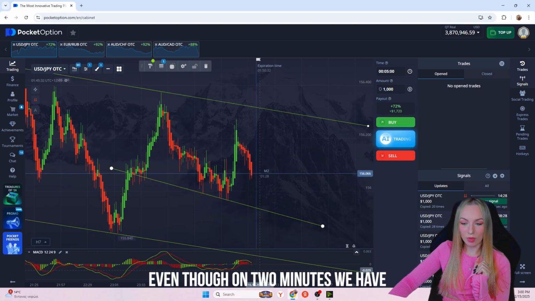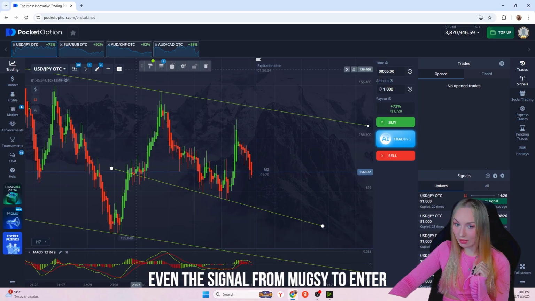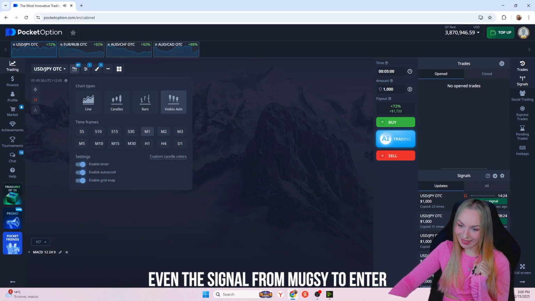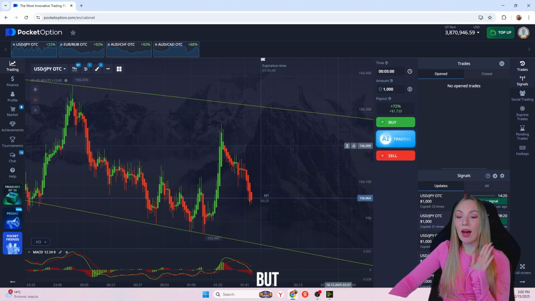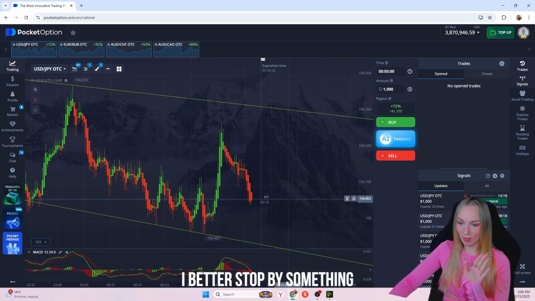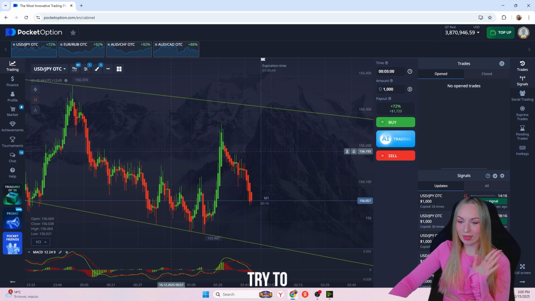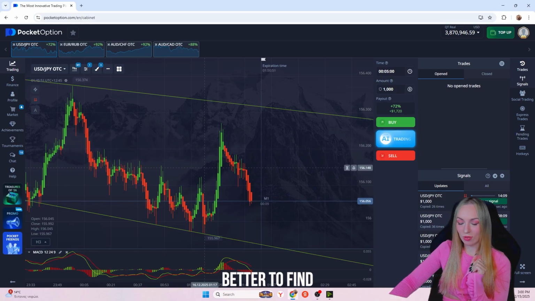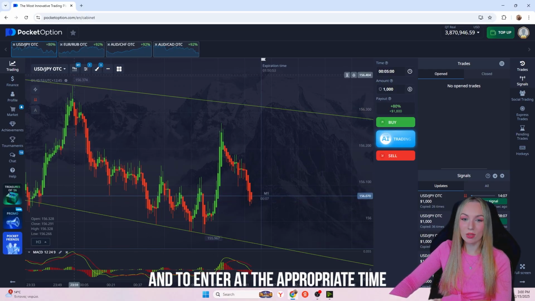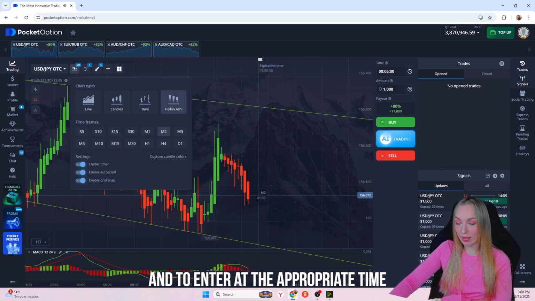Even though on 2 minutes we have even the signal from MACD to enter, and oh my god, how I want to enter here, but I better stop myself there, guys. Don't try to get the profit in every chart. Better to find another better signal and to enter at the appropriate time.